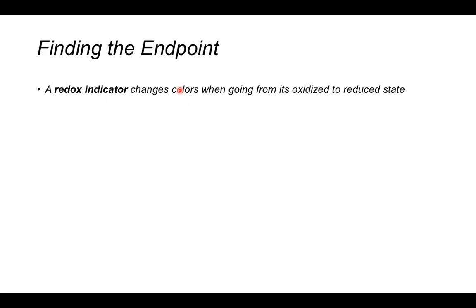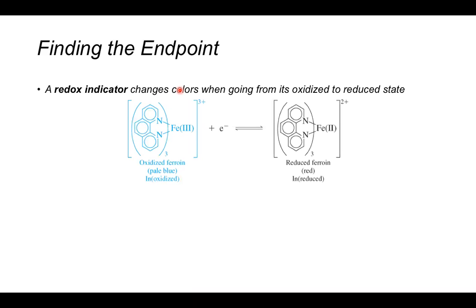So much like acid-base titrations, we can also use colored indicators. A redox indicator changes color when going from its oxidized to its reduced state. An example of this would be for iron. We have oxidized ferroin here, which is iron 3+, complexed with this ligand, which has a conjugated system, which, as we may recall from UV-vis spectroscopy, will most likely have some intrinsic color associated with it.